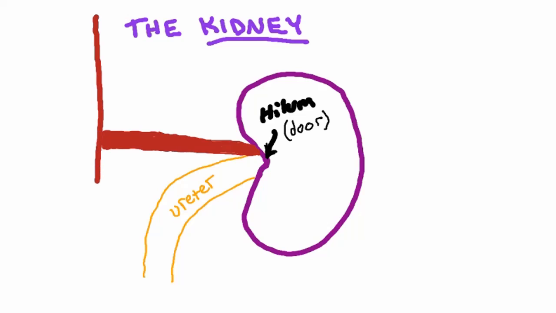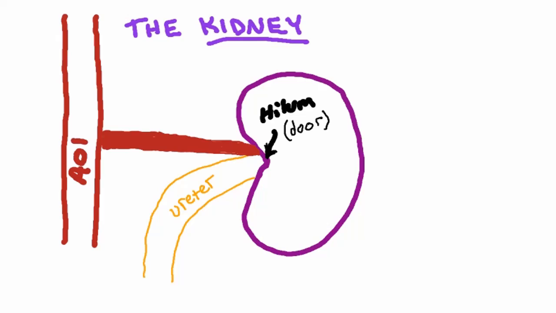So here is your descending aorta that is coming down from the heart and all the way down your torso, all the way down your thoracic cavity, and then through the diaphragm, and then into the abdominal cavity. So here's your aorta, and the renal artery comes straight from the aorta and into the kidney.